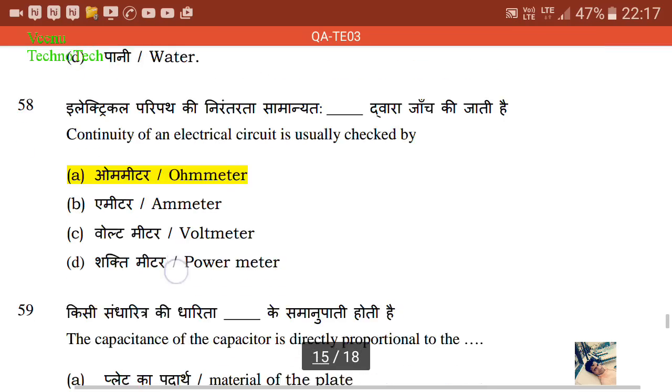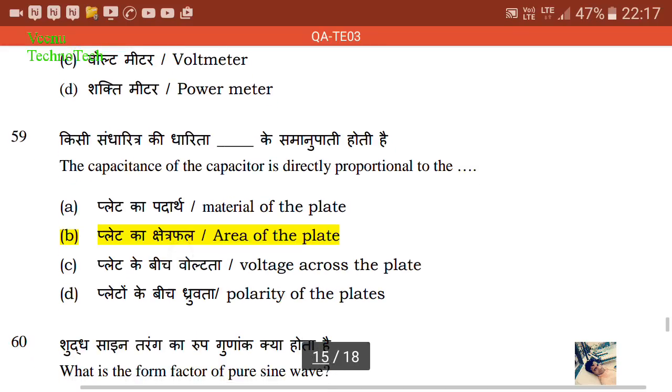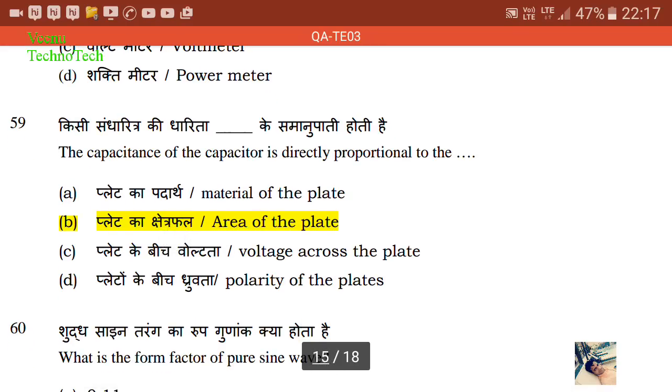So correct answer is B. Next, continuity of an electrical circuit is usually checked by ohm meter. What a nonsense question. The capacitance of capacitor is directly proportional to the area of plate. Formula, if you have remembered. So correct answer is B.